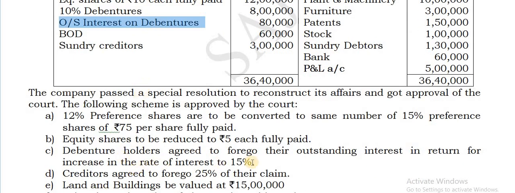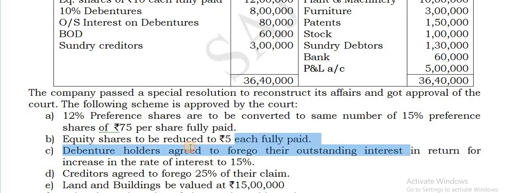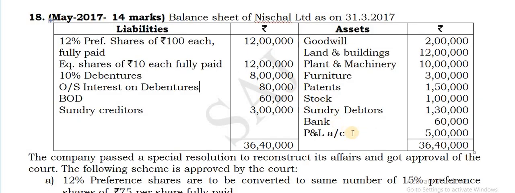Yeah, it is being foregone. As in the 16th problem, outstanding debenture interest account debit, give a credit to capital reduction account. That is the entry to be taken. And on the asset side, profit and loss account compulsory write off and goodwill compulsory write off. This is the last entry.